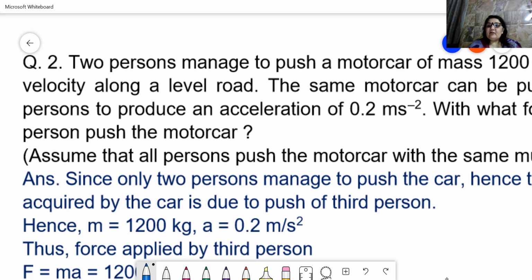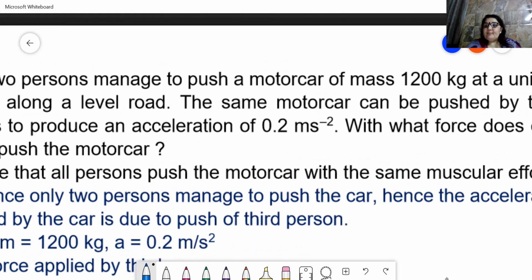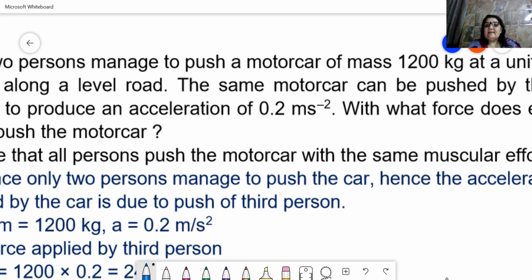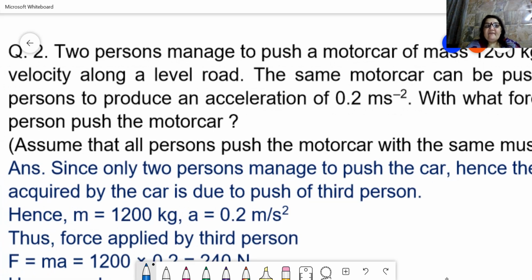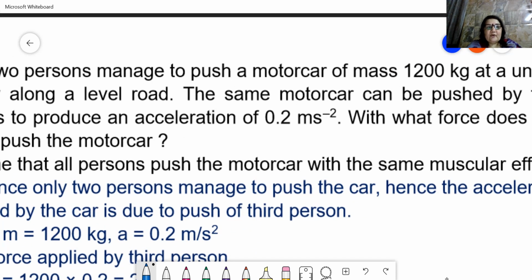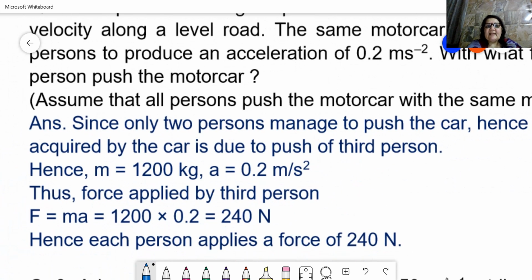Now, the same motor car can be pushed by 3 persons. If there are 2 persons, they are only managing to have a little bit of movement on a level road. But if there are 3 persons, then they can produce acceleration also. So what they are asking is, with what force do they push the motor car? That means he is asking about the force.